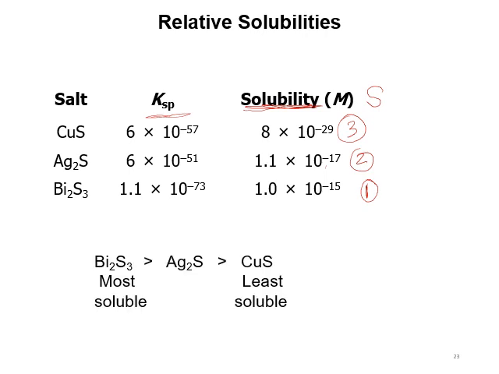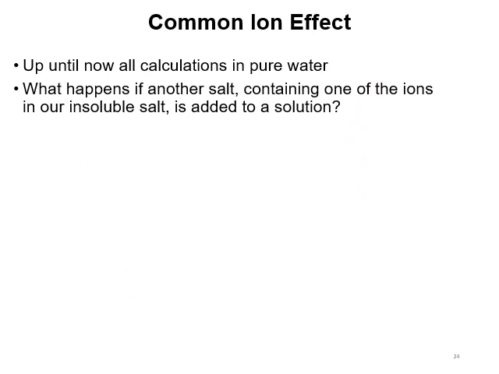And now let's talk about another concept when it comes to solubility of salts, which is the common ion effect. So up until now, whatever salt solutions we were making, they were all being made in pure water. So all our calculations were being done when we were trying to solubilize the salts in pure water, right?